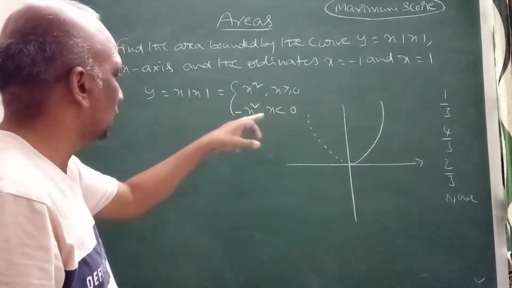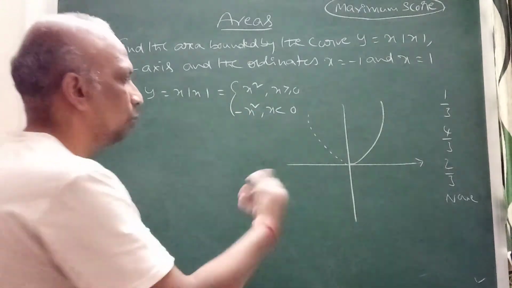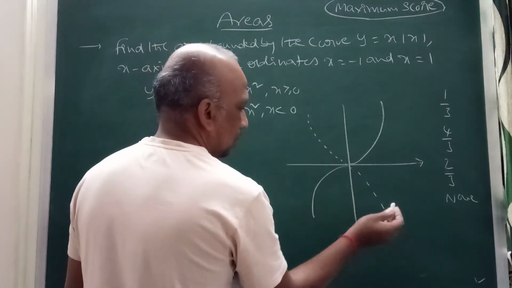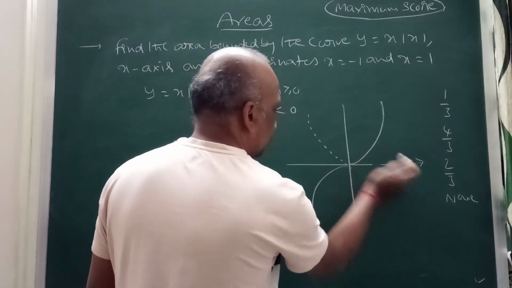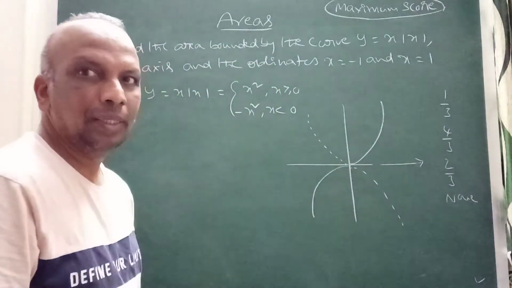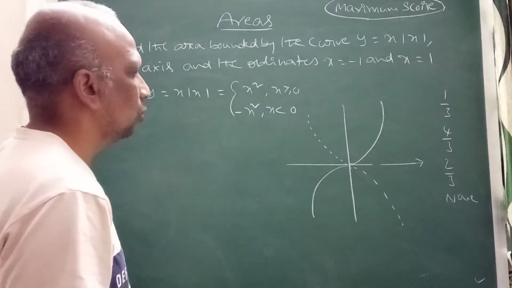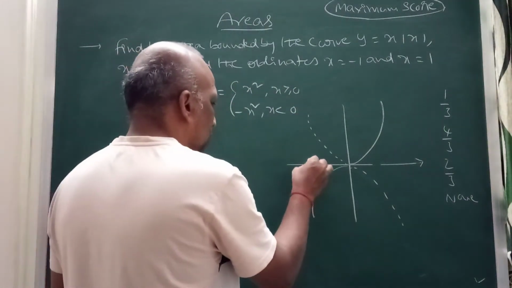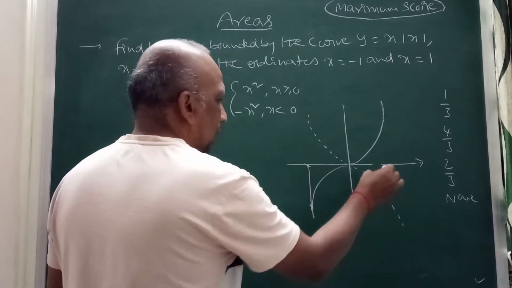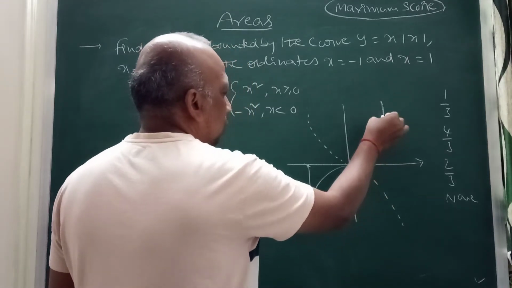Now coming to x less than 0, y equal to minus x square. A downward parabola, it will come like this, right? This is a downward parabola, y equal to minus x square. They told us the ordinates x equal to minus 1 and x equal to 1.